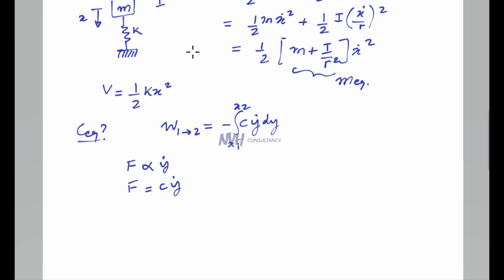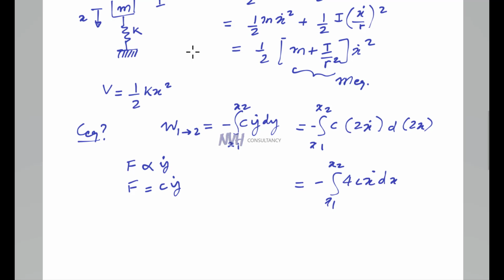So let's write this y coordinate in the x form now. It will become integral x1 to x2 of c times y dot, which equals 2x dot, and then dy you can write as d of 2x. So finally you will get this as equals to negative integral x1 to x2 of 4c x dot dx.